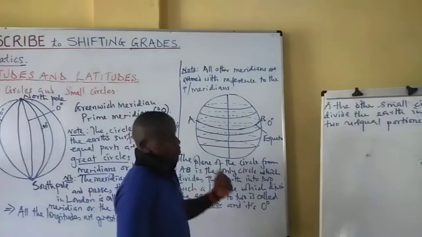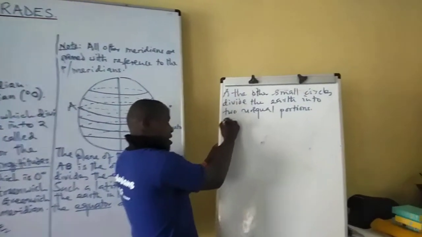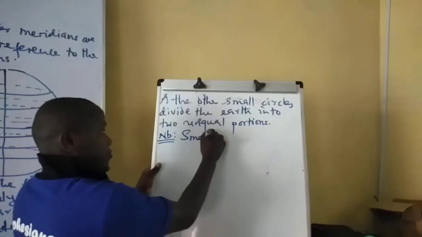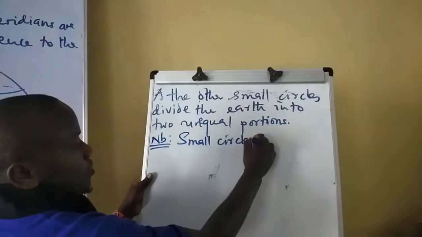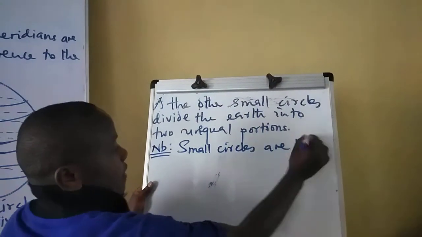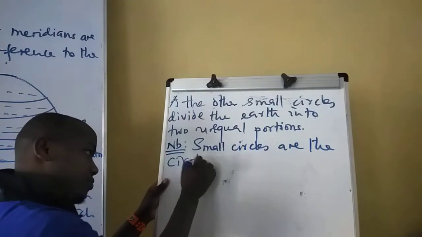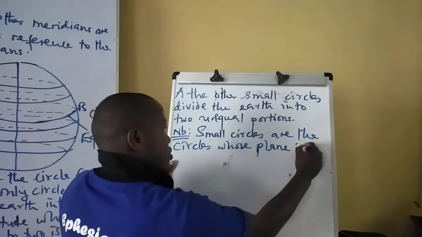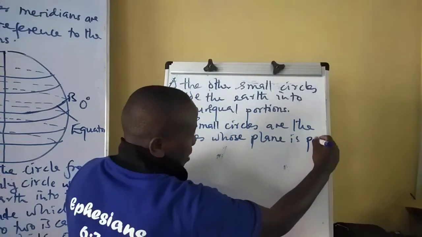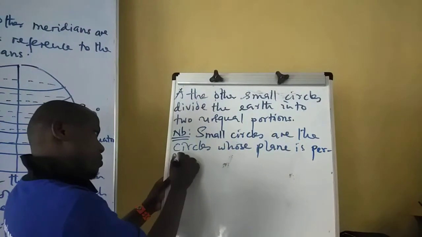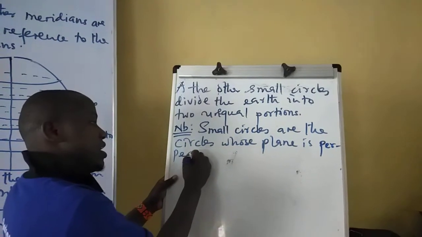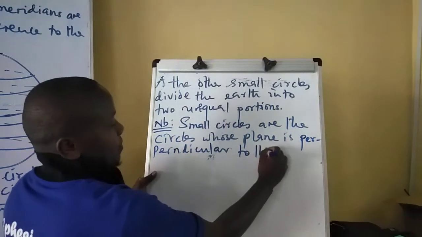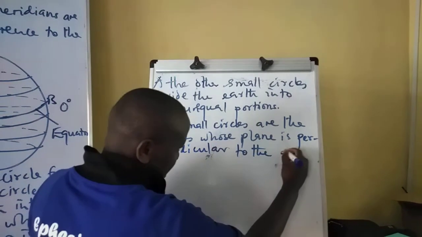Therefore, to define small circles now, we can say that, NB, small circles are the circles whose plane is perpendicular or normal to the Earth's axis.